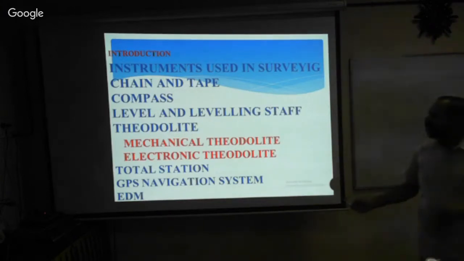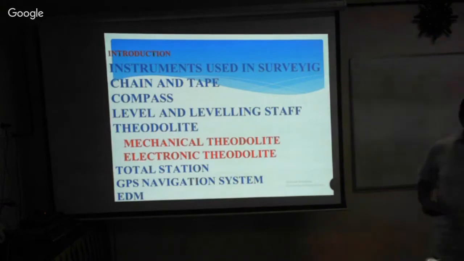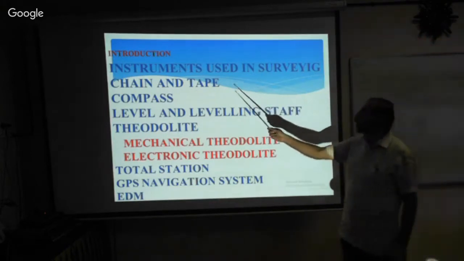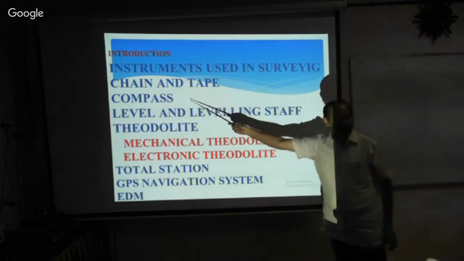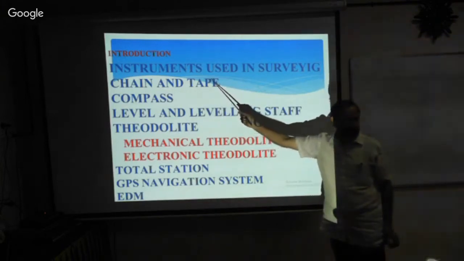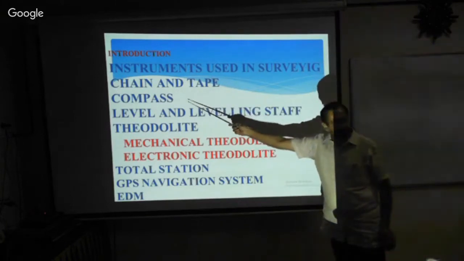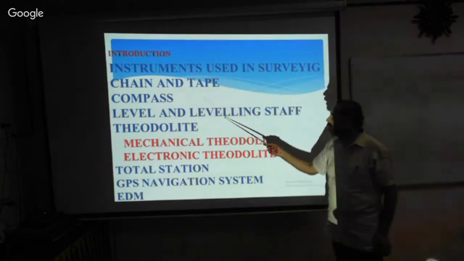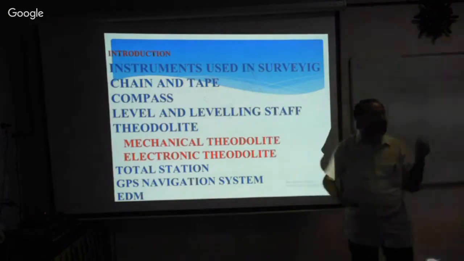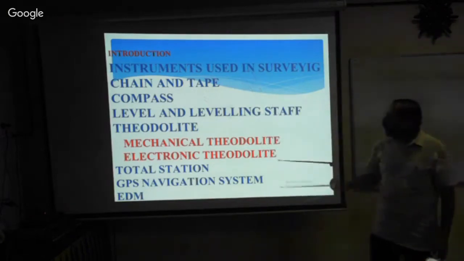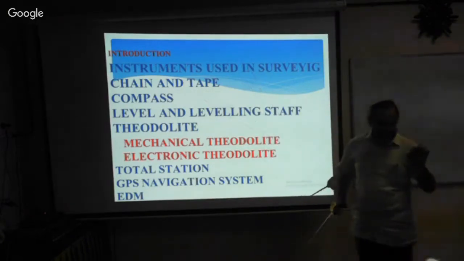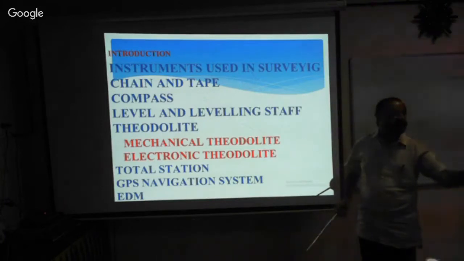Now I think you have studied these two things. We have completed the course, that is, surveying 1. I think you have done this, no? This you have finished. Chain and tape you have studied. Then compass is done. Now in this course, in this class, you are doing surveying 2.